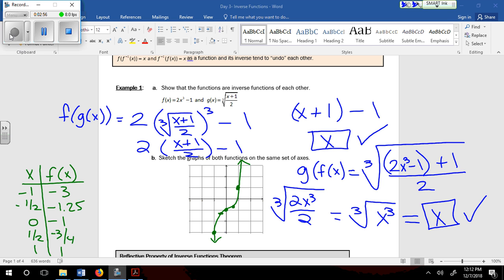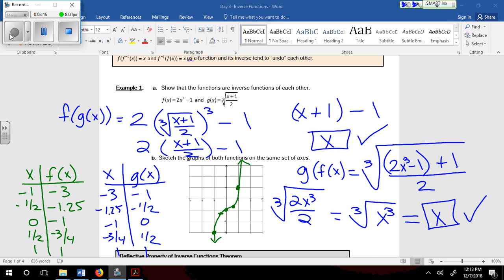The next one, the values will be very easy, because when I have an inverse, my x and y's just flip. So it's negative 3, negative 1, negative 1.25, negative 1/2, negative 1, 0, negative 3/4, 1/2, and then 1, 1.